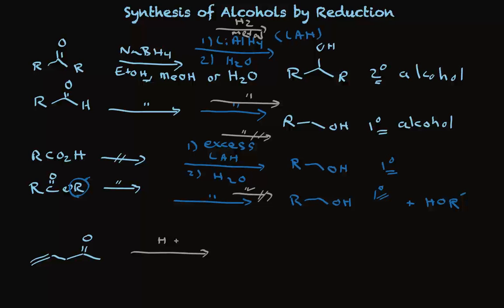Catalytic hydrogenation reduces both the alkene and the carbonyl. While structures like this, carboxylic acids and esters, treated with these conditions, reduce only the alkene.